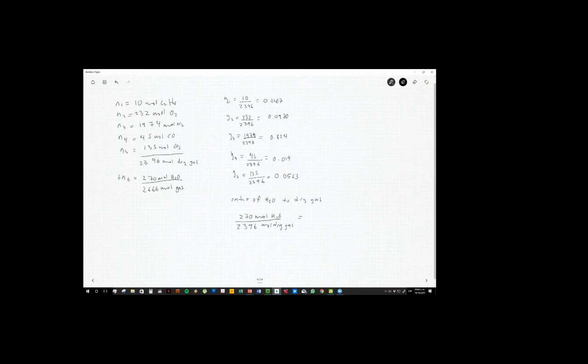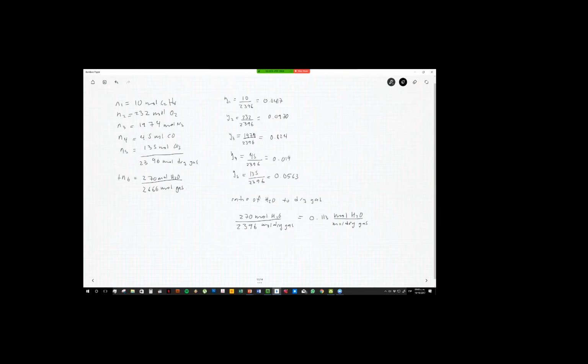And that gives us that we have 0.113 moles of water for each mole of dry gas. And that's it. That was this particular problem, right? So we finished already all the questions that were asked and all the balance, okay?